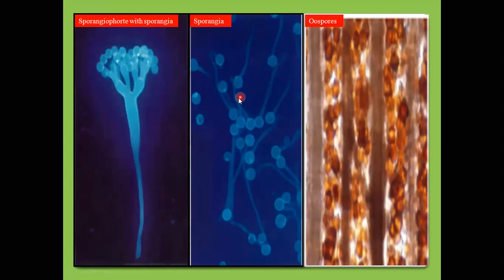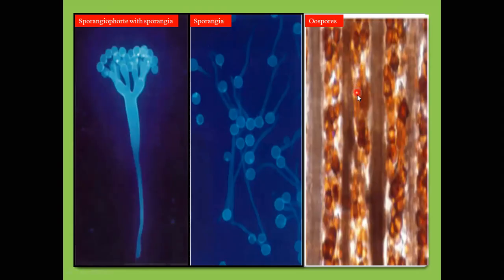So these sporangia are developed by the asexual method. Zoospores and sporangia act as secondary infection, spreading through moisture or winds and infecting healthy plants. In this way, the disease spreads from one plant to another through sporangia and zoospores.